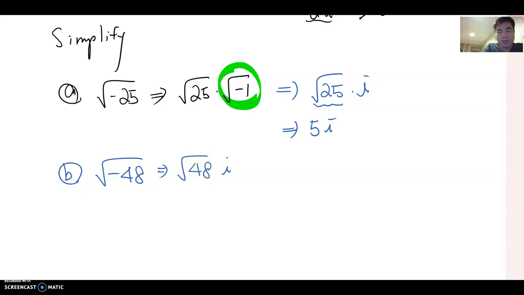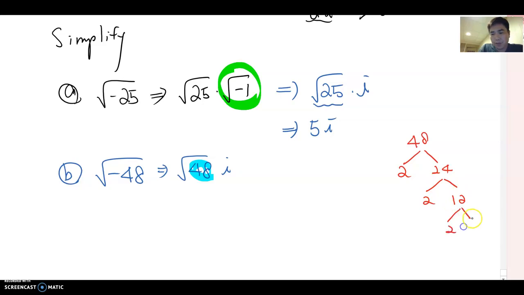Just find its prime factorization and then simplify this radical value. So look at the side, please. 48 means 2 times 24, which is 2 times 12, and 2 times 6, and 2 times 3. Therefore, we can see 1 pair and 2 pairs.